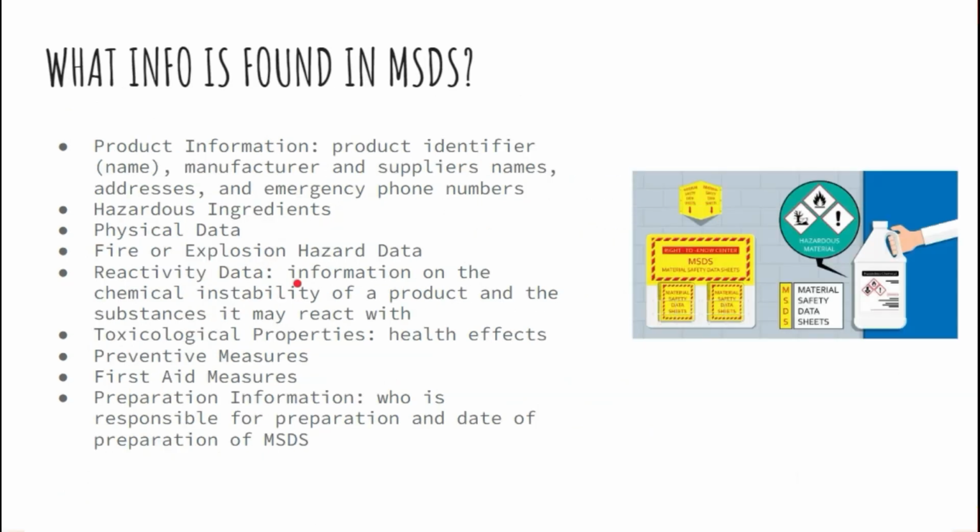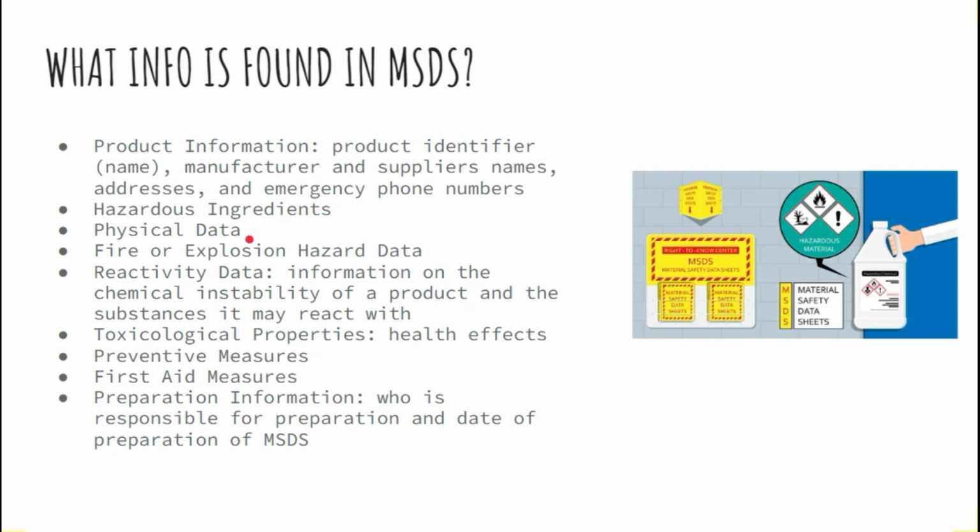So again, what info is found in MSDS? Product information like yung pangalan, manufacturer, suppliers, addresses po kung saan siya pwedeng makuha, as well as emergency phone numbers nga in case po na magkaroon ng accidents. Even the hazardous ingredients, may lead ba, may mercury, lahat ng hazardous po kailangan naka-indicate.